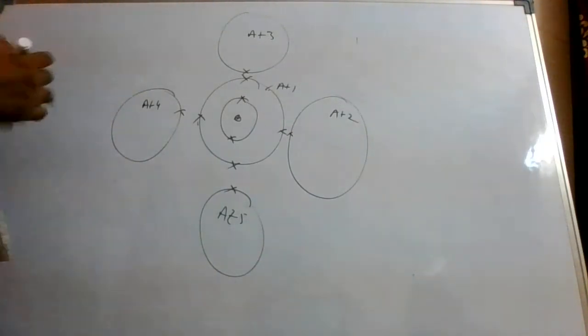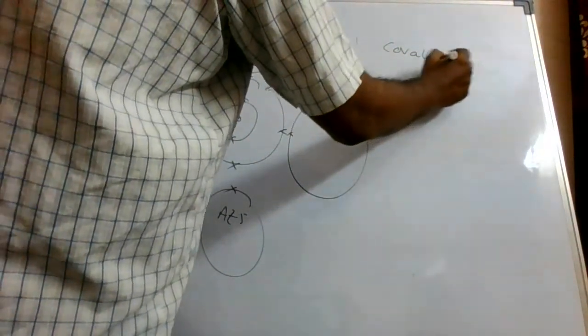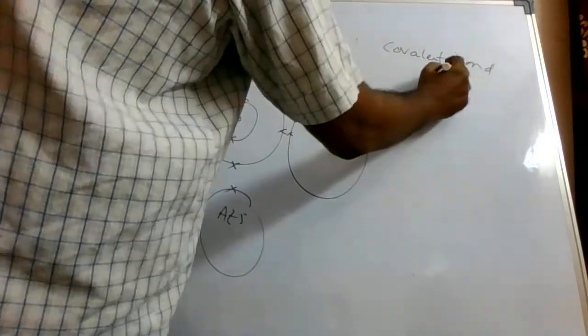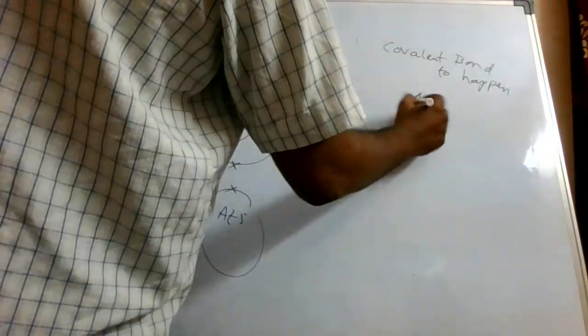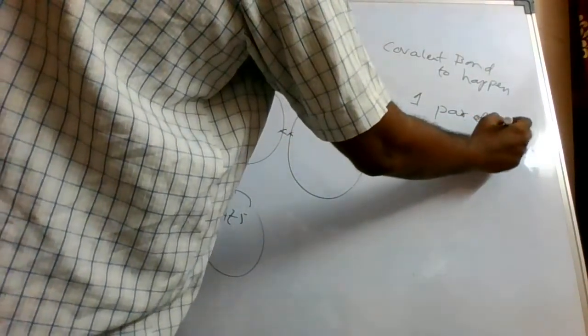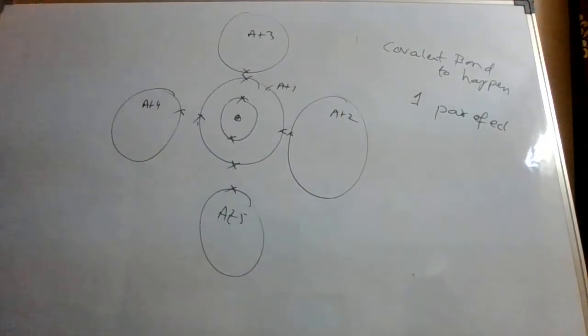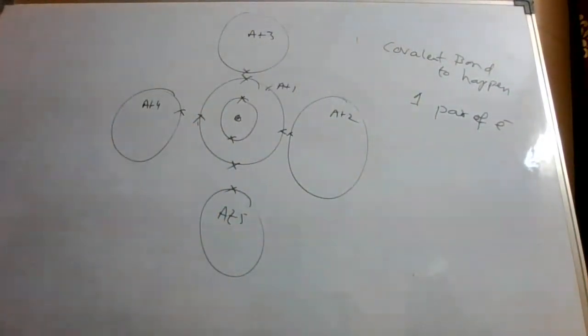Okay. So for any covalent bond to happen, you should have at least one pair of electrons. Otherwise, you cannot form a covalent bond.